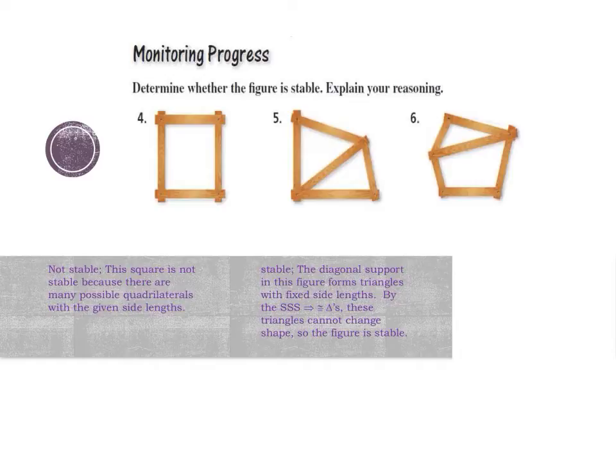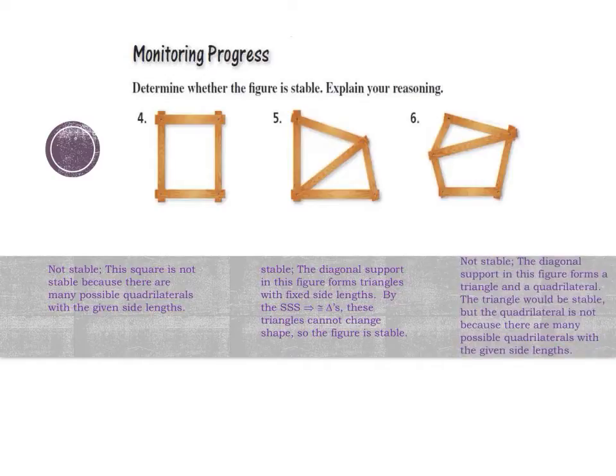Our final example, number 6, is also not stable. The diagonal forms a triangle and a quadrilateral. And the triangle would be stable, but the quadrilateral is not, because there are many possible quadrilaterals with the given side lengths.